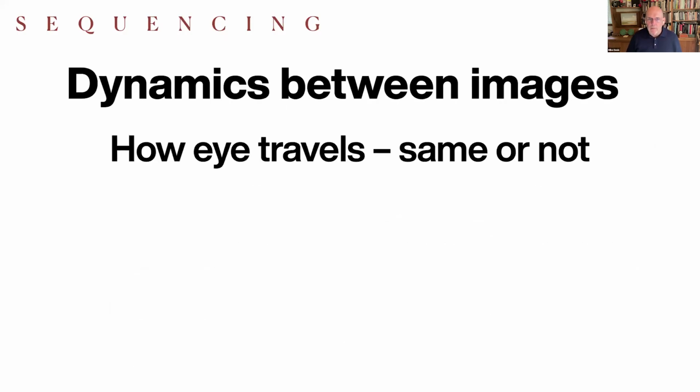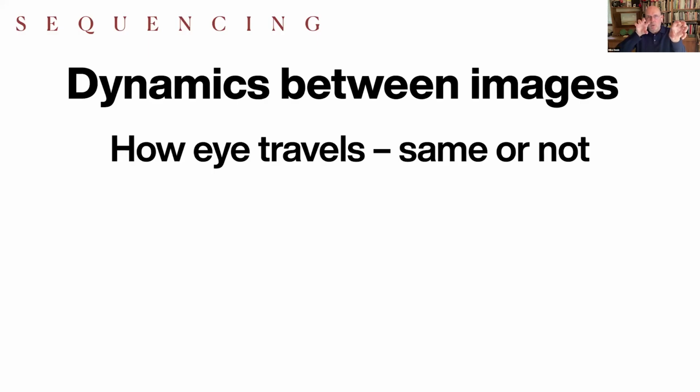So dynamics. The first one is how your eye travels between images. If your eye starts here in the top left in one photograph and you leave the photograph at that same point, chances are you're going to start looking at the next photograph in that same spot in that millisecond when you land on the image.